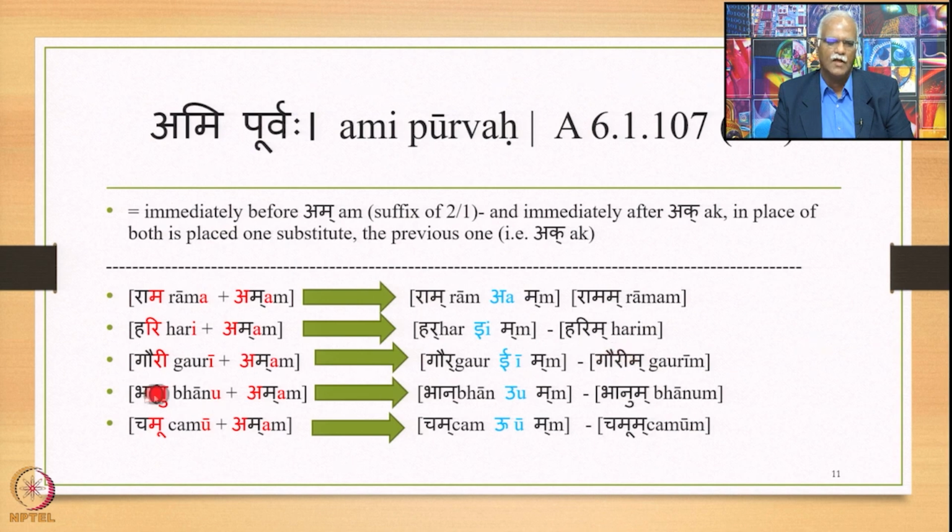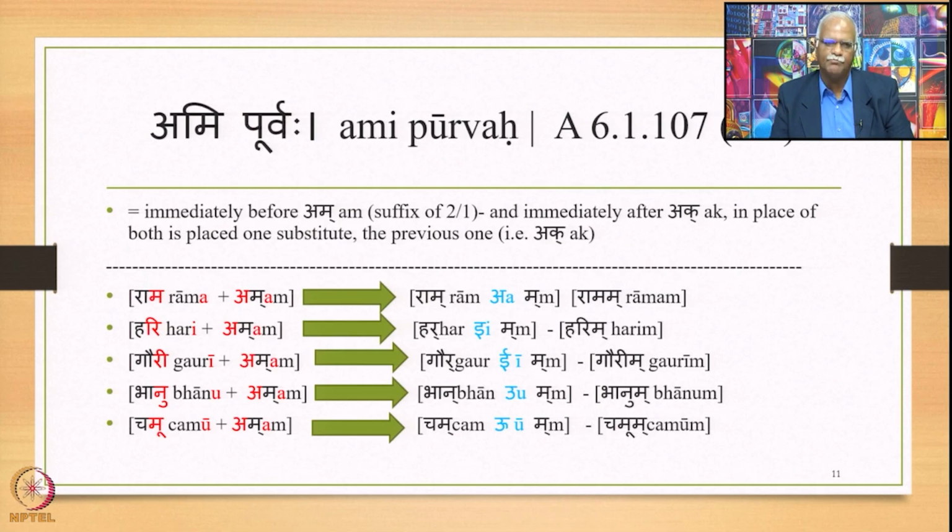Then we have Gauri plus. Now this is a long vowel, I followed by A. Once again Iko Yanachi has got the scope of application. But because this sutra 6.1.107 has got a very limited scope of application, in this limited scope of application 6.1.107 cancels Iko Yanachi. And so in place of both these vowels is substituted the Purva, that is this long I. So we have Gaur, I and Ma, that is Gaurim.